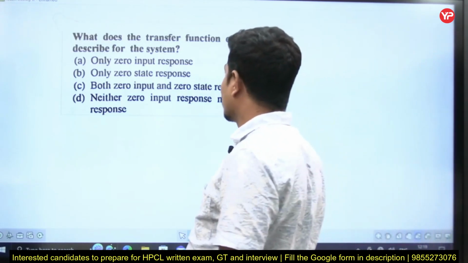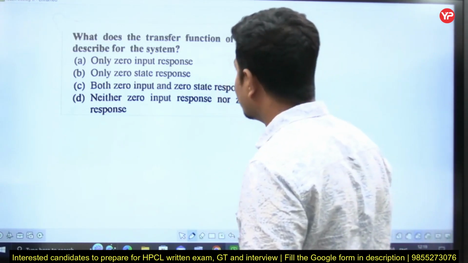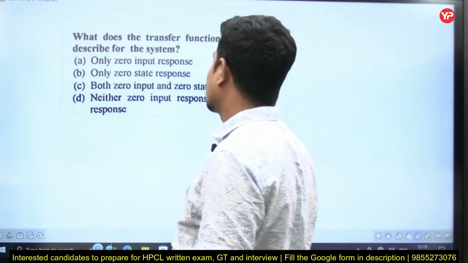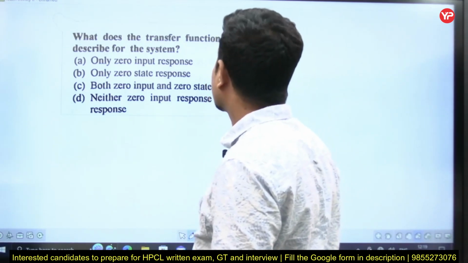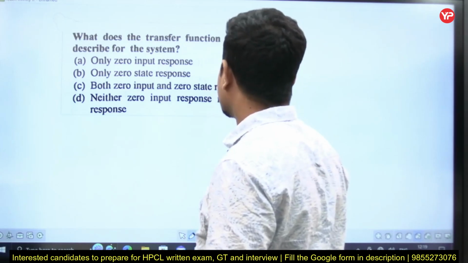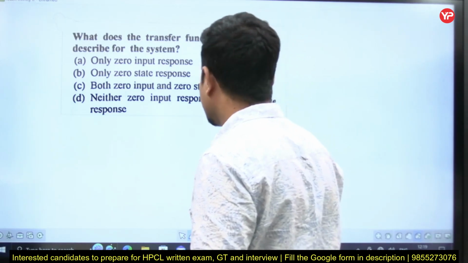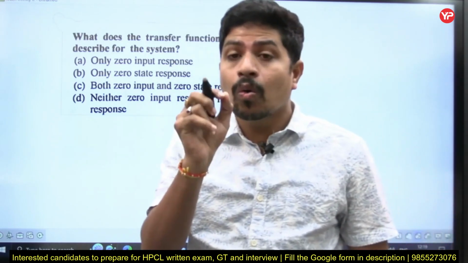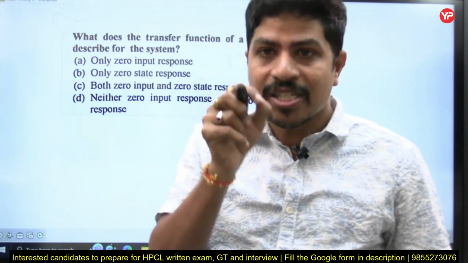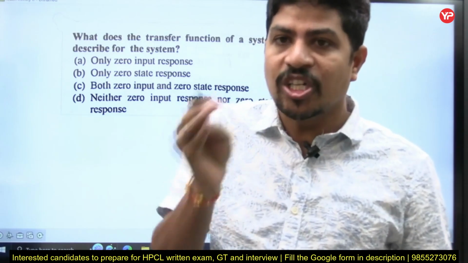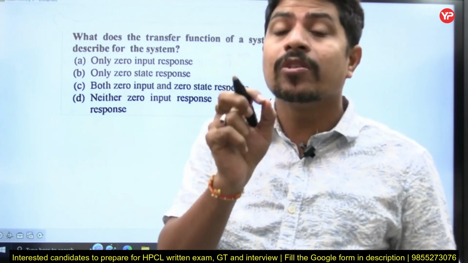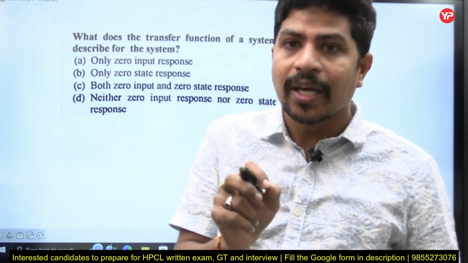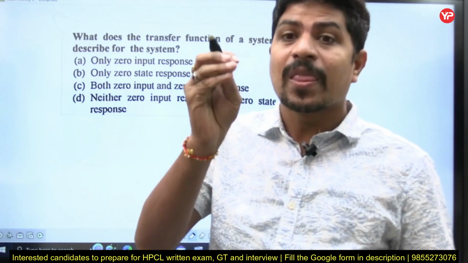What does the transfer function of a system describe for the system? Only zero input response, only zero state response, both zero input and zero state response, neither zero input response nor zero state response. This is a very important question. Transfer function is defined only if initial conditions are 0, means the previous state, initial conditions are not considered. Transfer function will give only the zero state response.